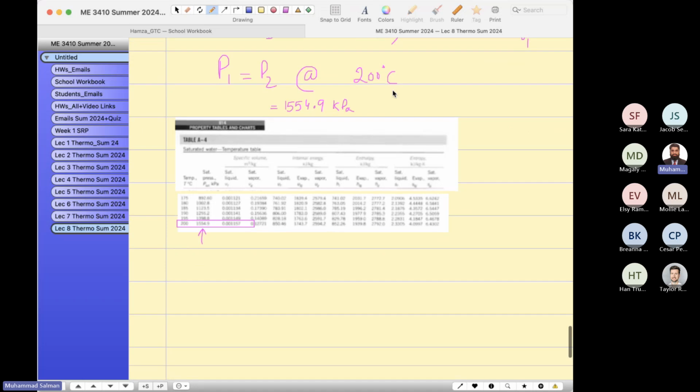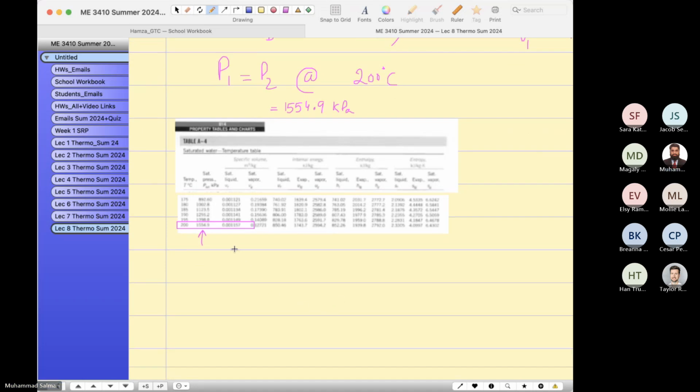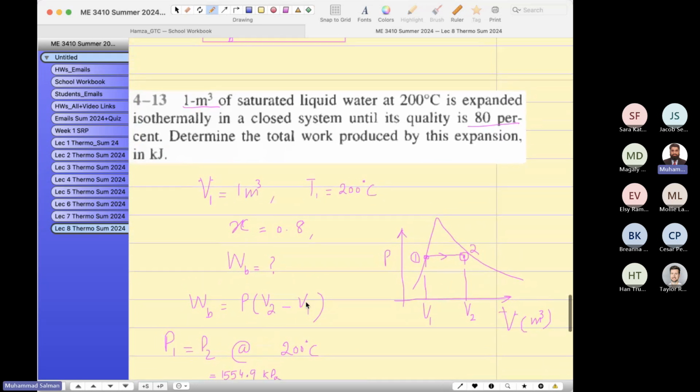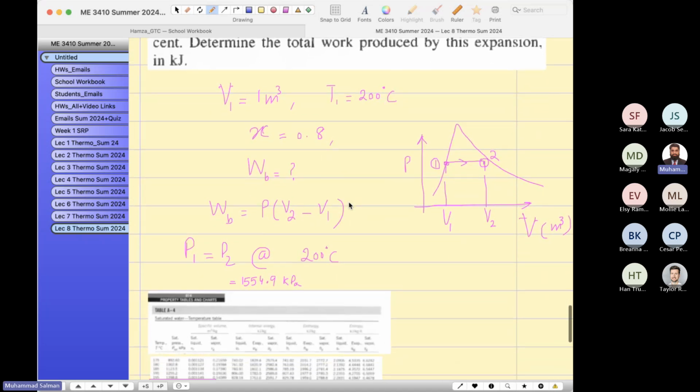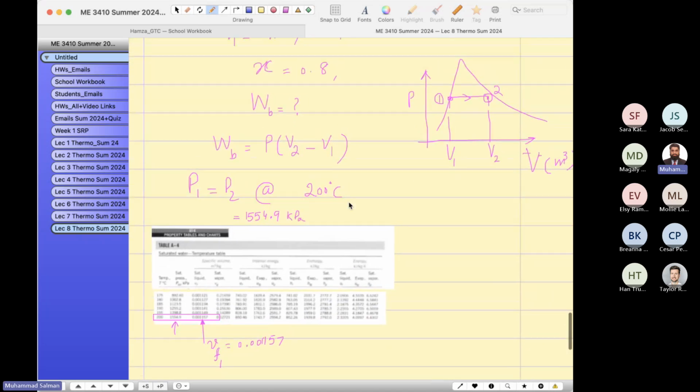If you take a look here, this is our specific volume at state point 1. And the water is expanded and it goes to point 2, where quality is 0.8.